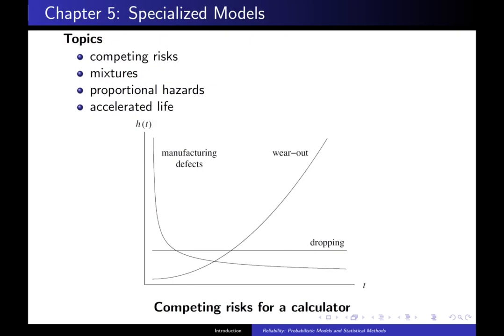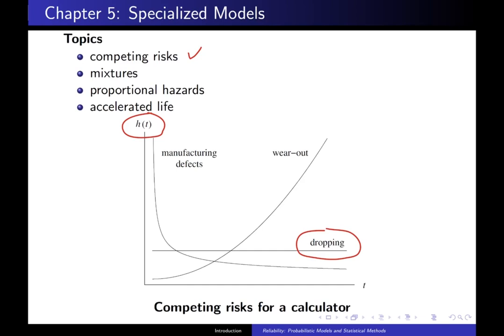Chapter 5 consists of specialized models that go beyond just an ordinary parametric lifetime model, and the first topic we hit is competing risks. You can think of this hazard function, which is below here, as a competing risk model for a calculator. Your probability of dropping that calculator and having it no longer work is about constant.